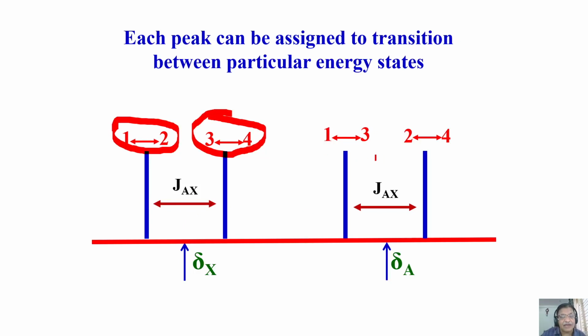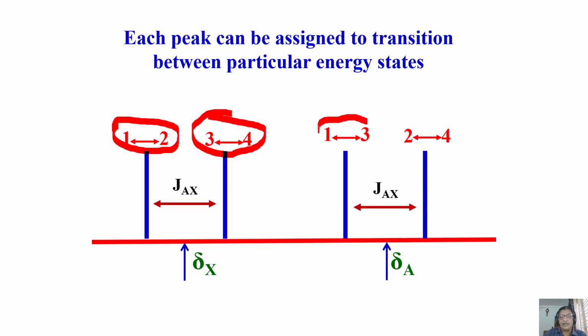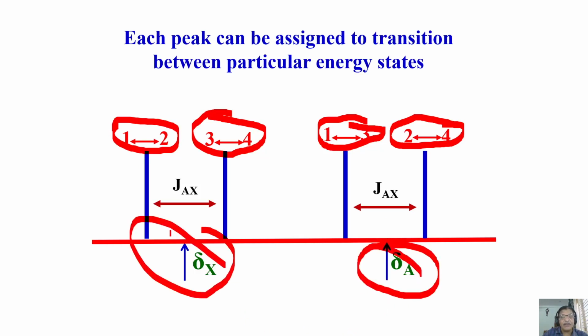Exactly what happened to the X spin happened to the A spin also. Now go back. Here what is the transition between 1 and 2? 1 and 3 is A. Similarly 2 and 4 is A. So now look at this one. 1 and 3 is one transition for A, the other is the other transition for A. But always remember, the center of this doublet gives you the chemical shift of A for here and the chemical shift of X for this.